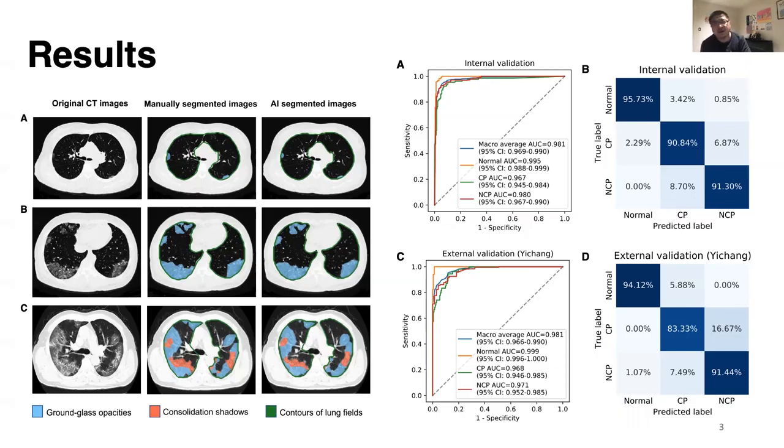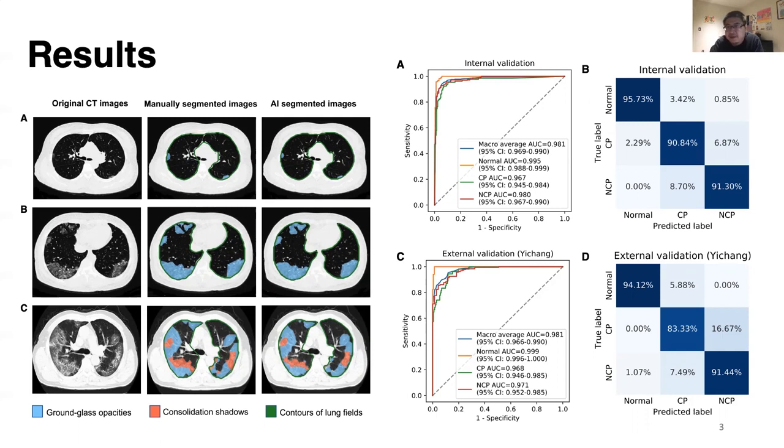The severity levels are defined in the following way. Mild is defined as fewer than 3 GGO, which stands for ground glass opacities, lesions of size less than 3 centimeters.